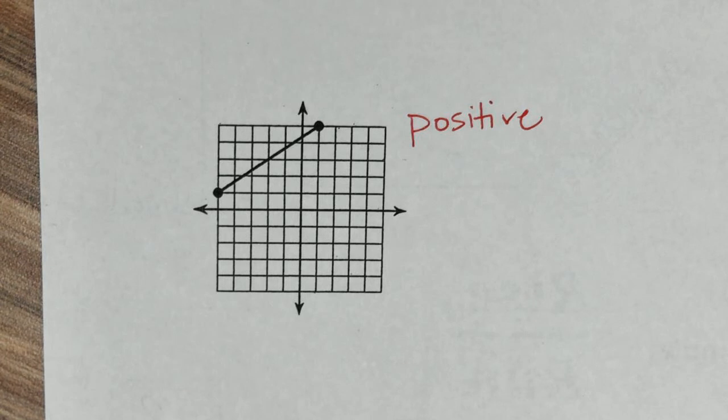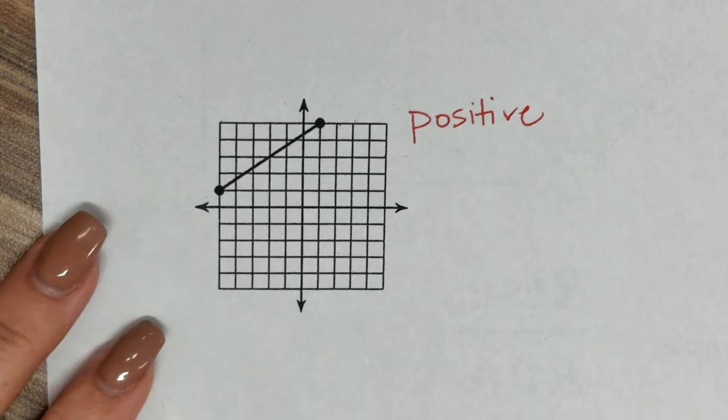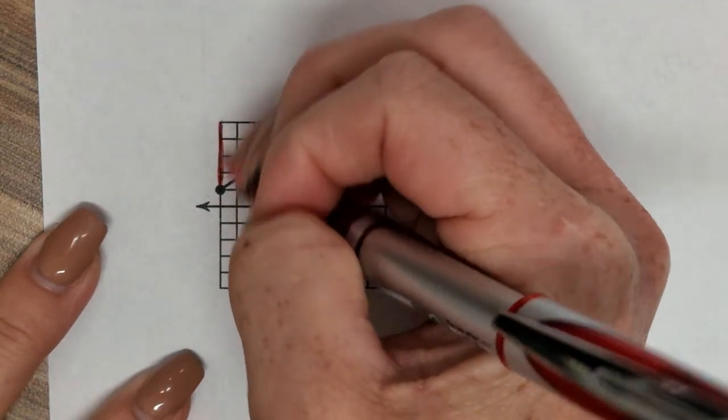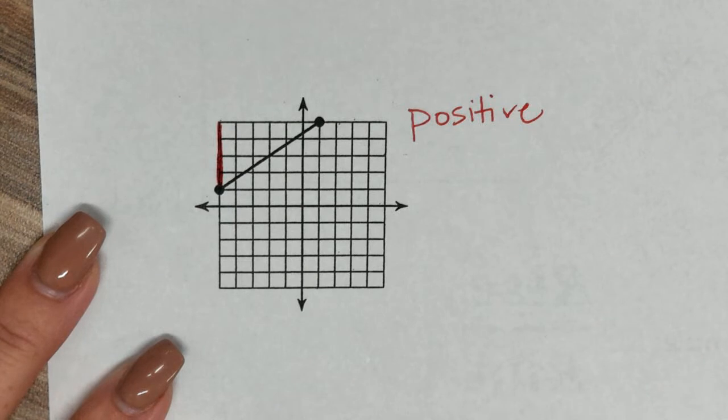You must simplify, and then we'll check it. What did you get for the rise?